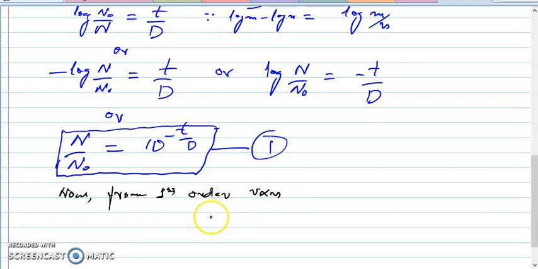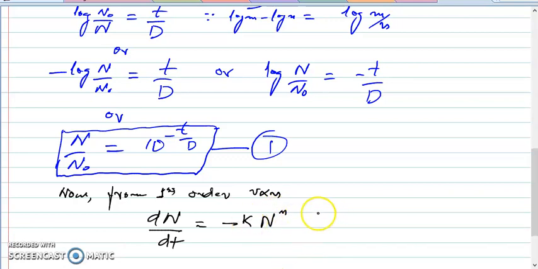So from the first order reaction, which is mathematically dN divided by dt, the rate of change of population N, is equivalent to minus k, rate constant, into N population raised to the power n.